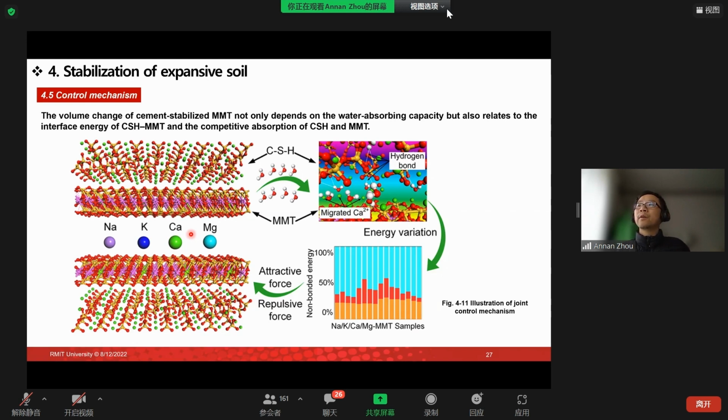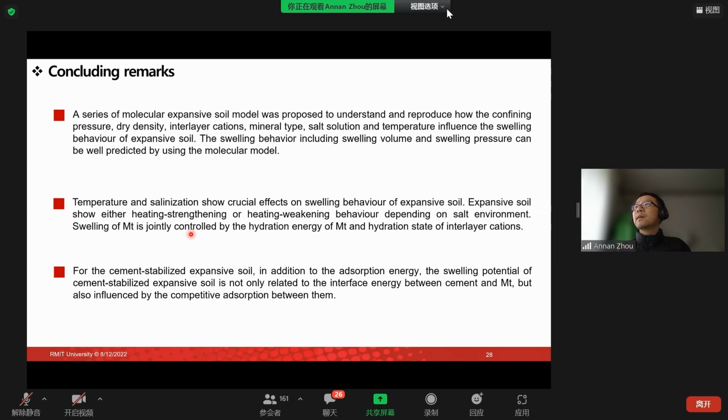Finally, the concluding remarks. We propose a series of molecular expansive soil models to understand and reproduce how the confining pressure, dry density, mineral type, and salt solution temperature influence the swelling pressure of the expansive soil.